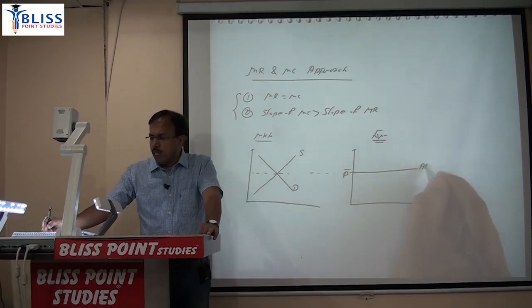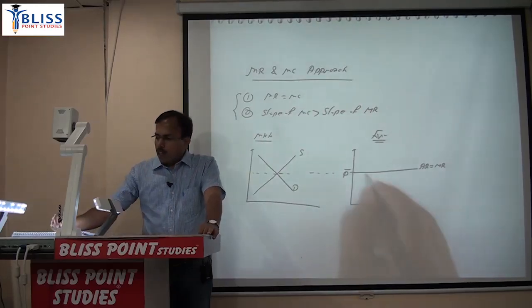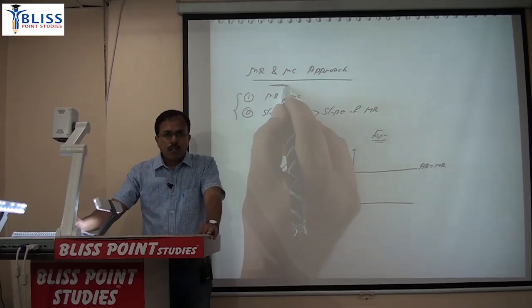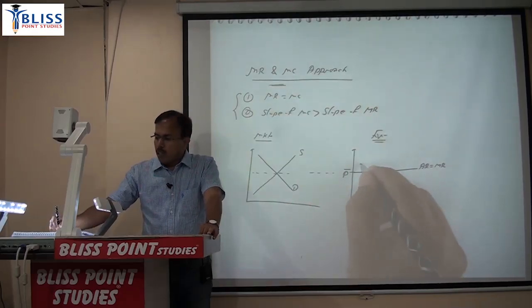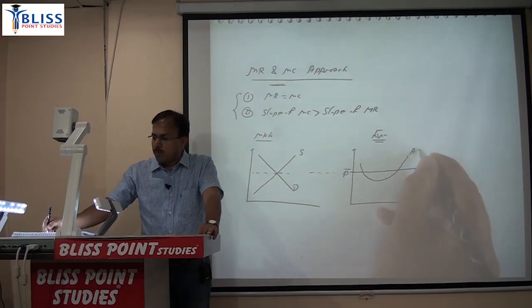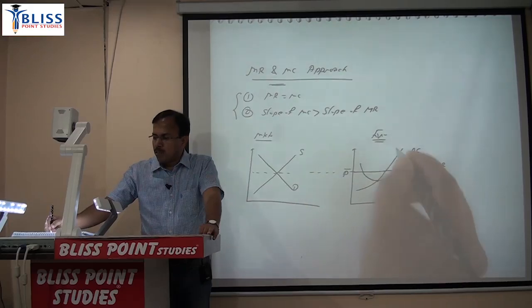So this is your AR as well as your MR. Clear? Using the average cost curve, because the approach is MR and MC, if you draw that average cost curve which is U-shaped, the curve passing through the minimum point of average will be the marginal cost curve always.